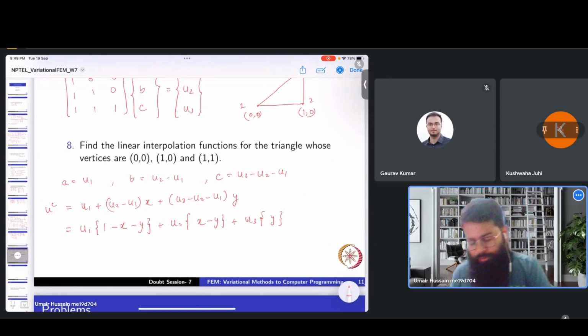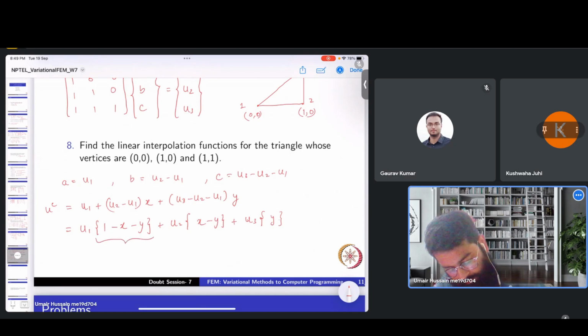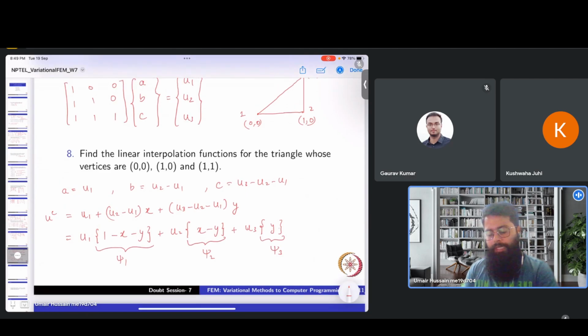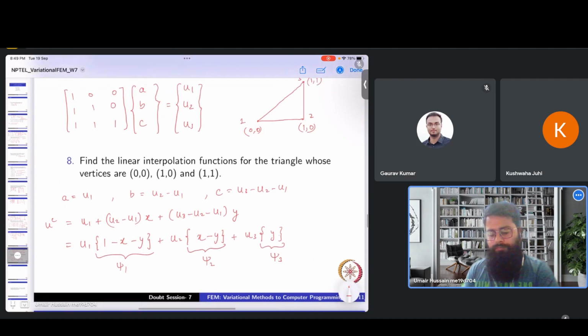Yes, so this would be our first approximation function, second approximation function, third approximation function. So you see, for this kind of triangular element, we get different approximation functions.